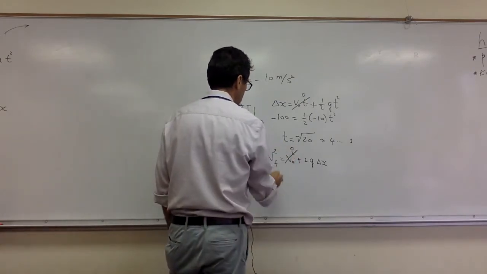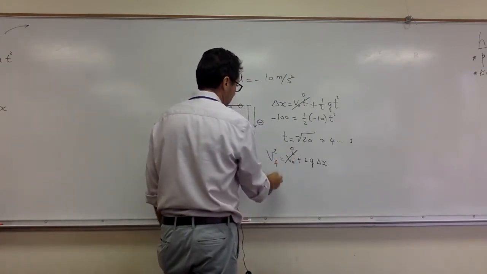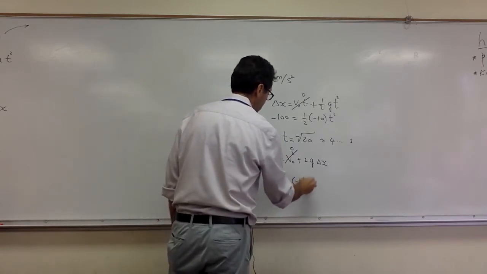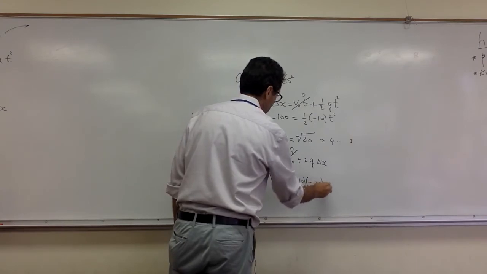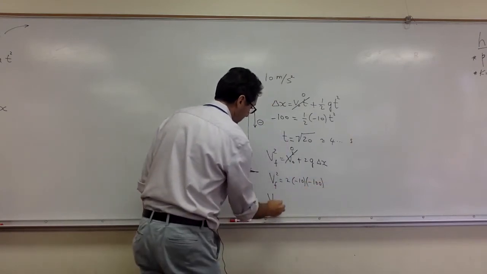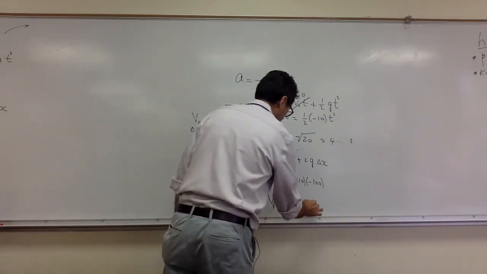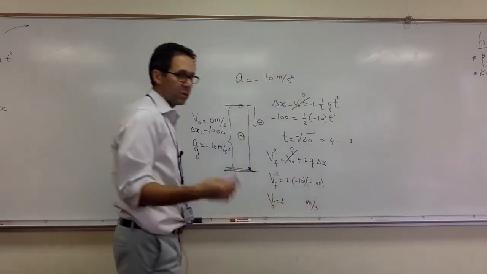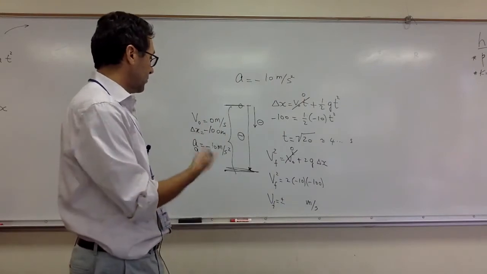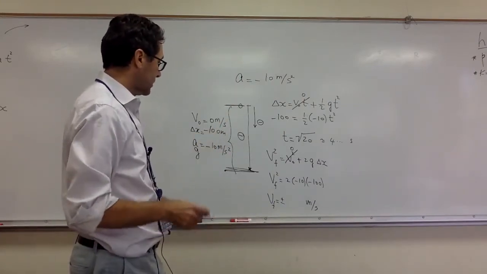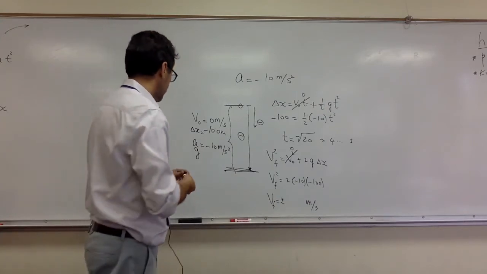This is 0. The vf squared is equal to 2 times negative 10 times negative 100, and vf equals, now you have to do plus or minus, and the answer is going to be in meters per second. Now if you're talking about speed, we'll just pick the positive value. If you're talking about velocity, you have to keep the negative in there because you're traveling in the negative direction.